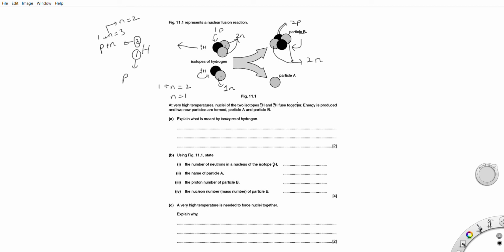Now, coming towards the question, it says at very high temperatures, nuclei of the two isotopes, that is 1H2 and 1H3, fuse together, energy is produced, and two new particles are formed, particle A and particle B. Explain what is meant by isotopes of hydrogen.